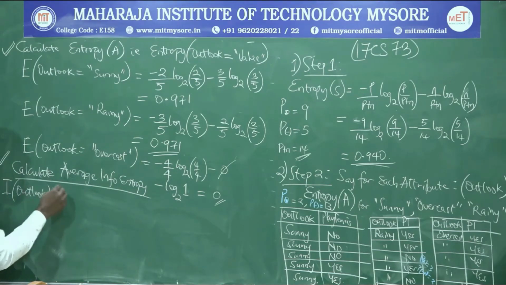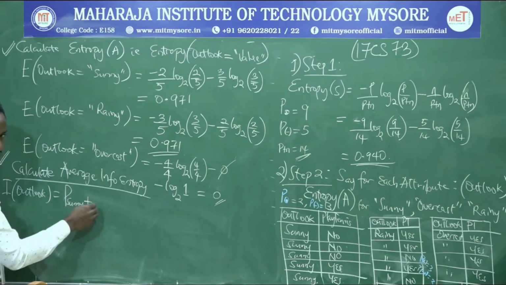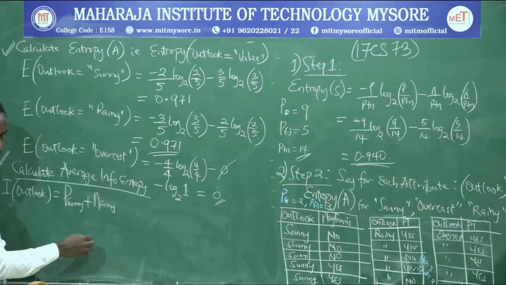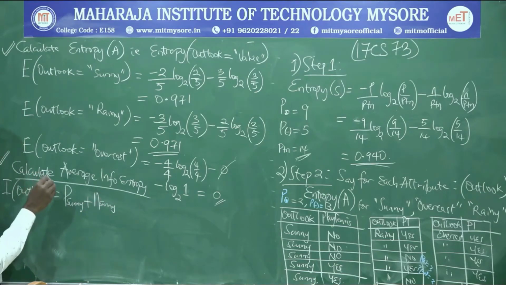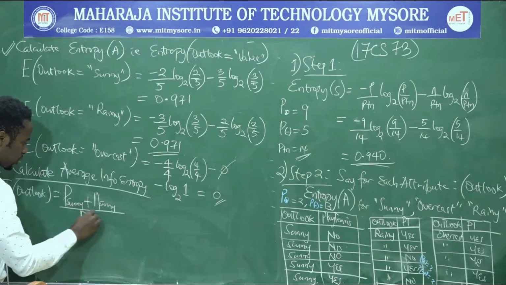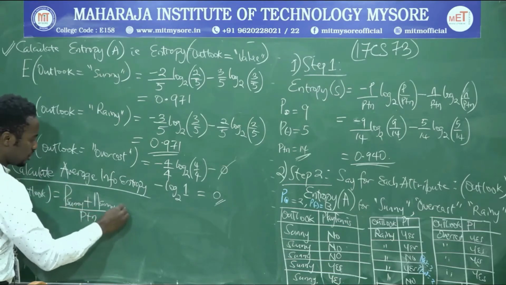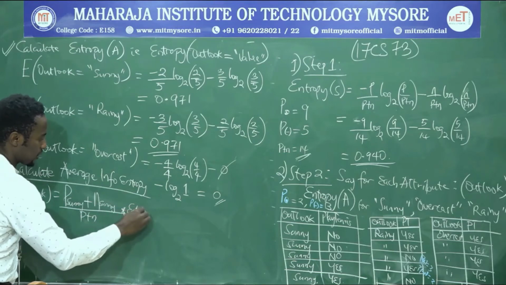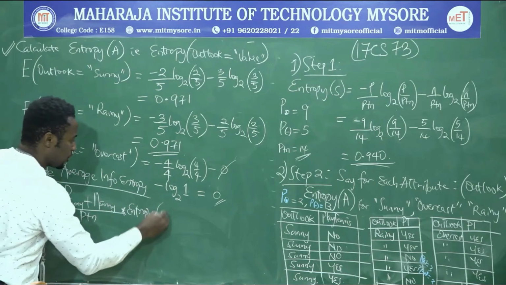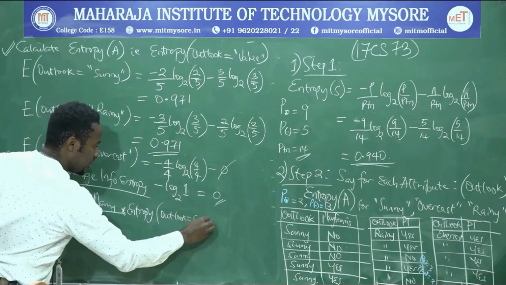So that is summation. So this becomes P of sunny plus N of sunny, upon, please remember, P plus N, into the entropy of what? You guessed it right. Entropy of sunny, and that entropy of sunny is from outlook equal sunny.